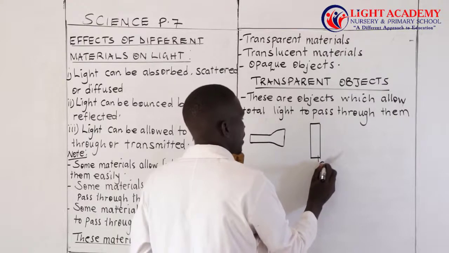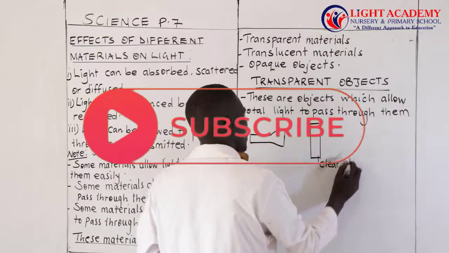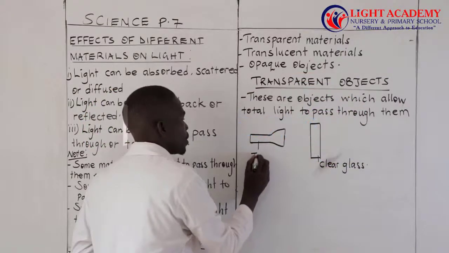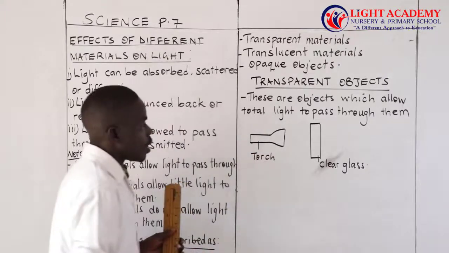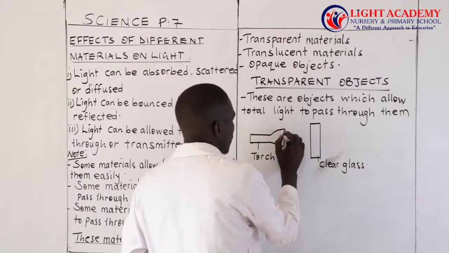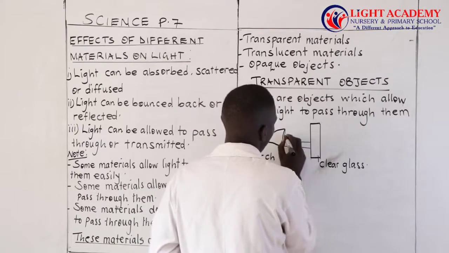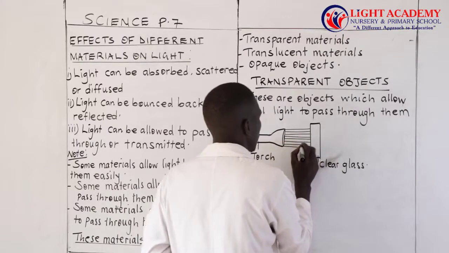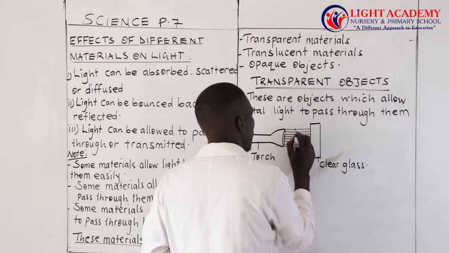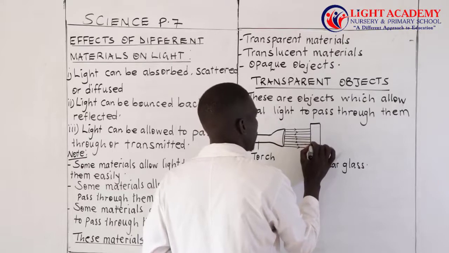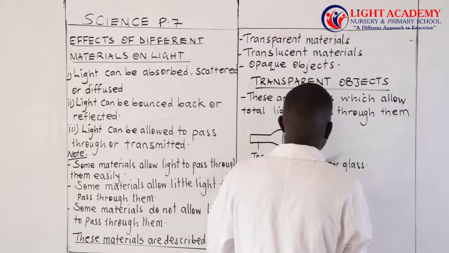When a torch gives light, as the light rays come, they will just pass through.